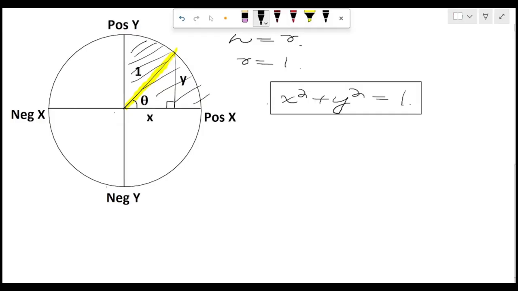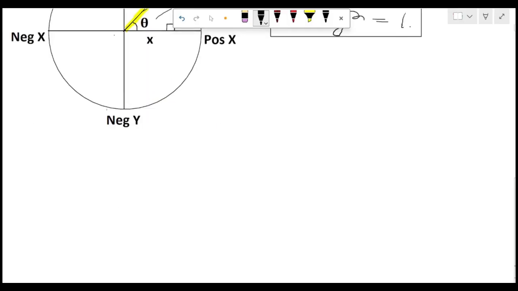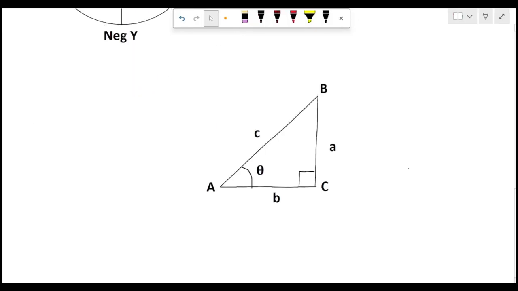Now let's assume that I have a triangle that is drawn. Now let's move on to trigonometric ratios. Trigonometric ratios are the ratios between any two sides of a right angle triangle. There are 6 possible trigonometric ratios corresponding to an angle.